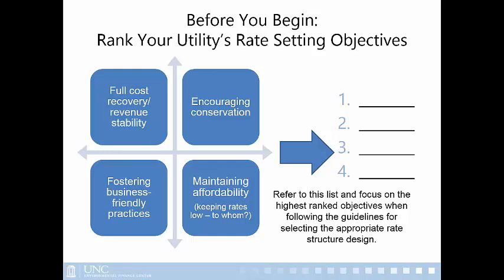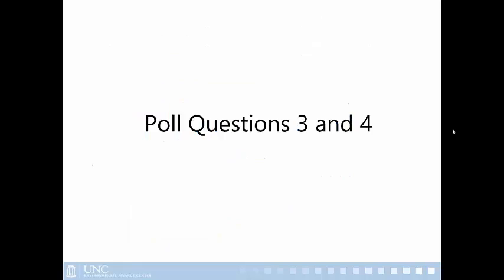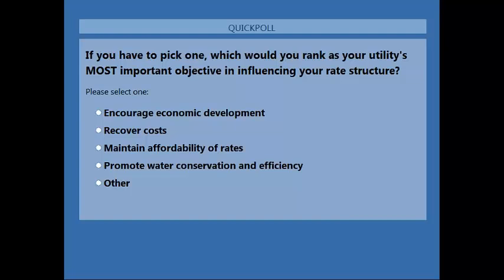But for now, let's use the staff or whoever's on the call right now to do this through a poll. So if you had to pick one of these 4 and then the 5th other objective, which would you rank as your utility's most important objective in influencing your rate structure?